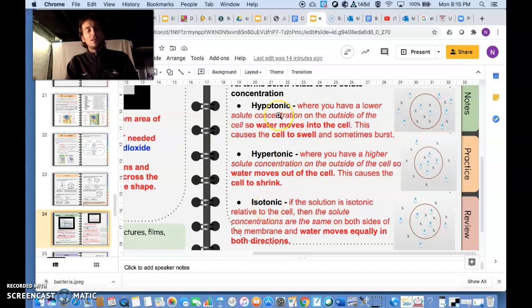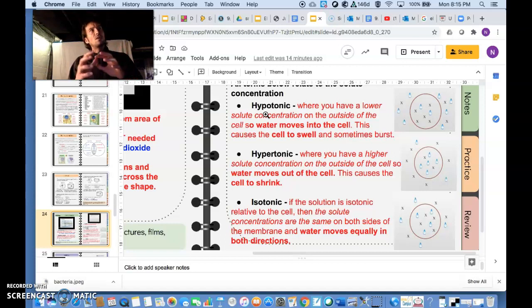That's really what these terms come down to: hypotonic, hypertonic, isotonic. And then the second most important thing, right? The first most important thing is we're describing the solution around the cell. The second most important thing is that we're describing the amount of solute in that solution outside the cell as compared to inside the cell. So hypo means below. So what that really means is that we have a below level of solute in the solution surrounding the cell.